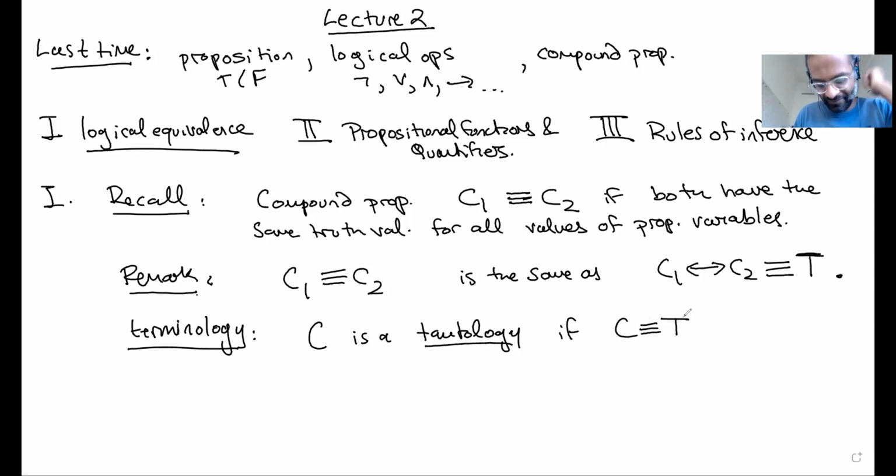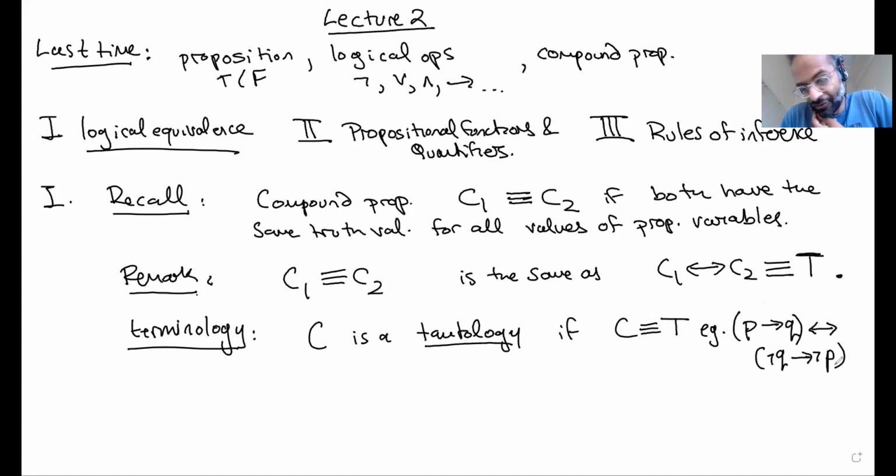It doesn't matter what the propositional variables are, it's always true. For example, the proposition P implies Q if and only if not Q implies not P. That's always true regardless of the truth values of P and Q. That's saying that the conditional is logically equivalent to the contrapositive.